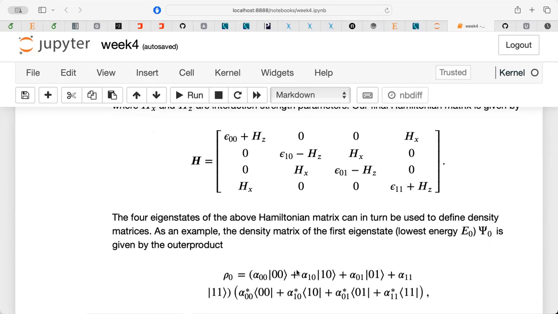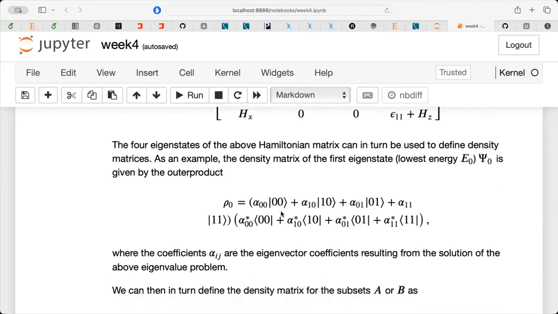And then we have the computational basis, which is defined as the eigenbasis of this H0 part of the Hamiltonian, which is a known part. This is a very common way of dealing with quantum mechanical many-body systems. Then you can define this density matrix for the ground state, which is rho 0, which is simply the outer product of these states, this linear combination of states.